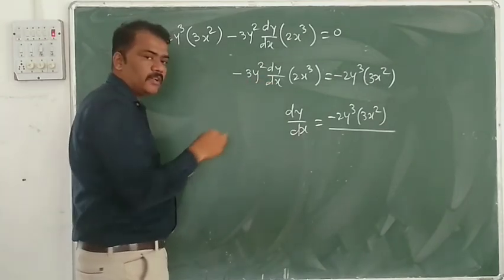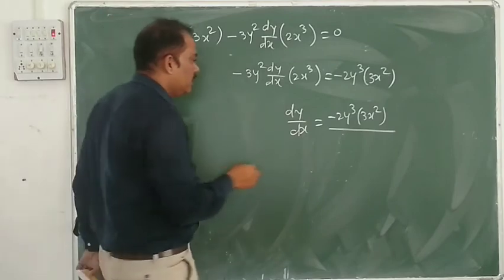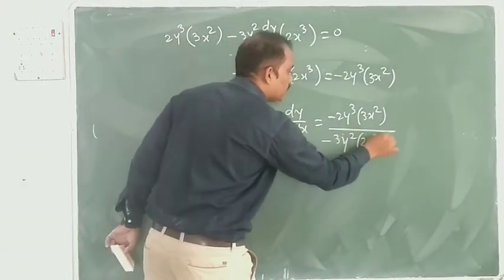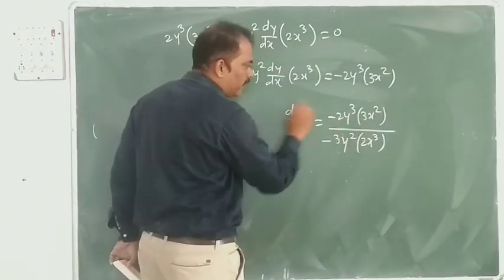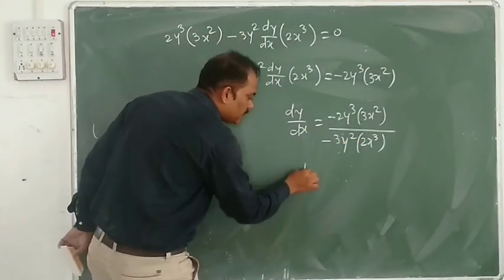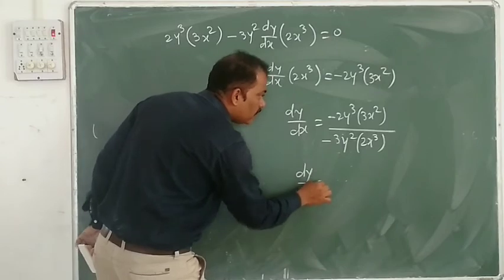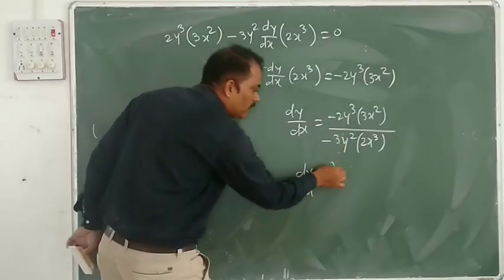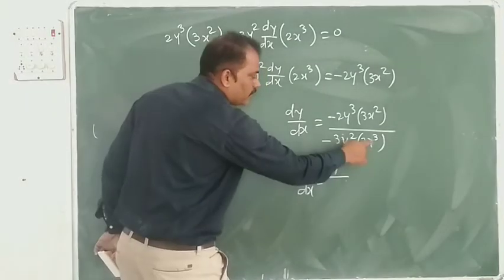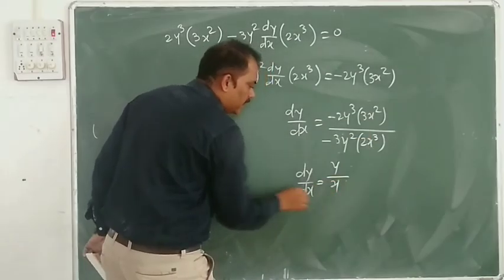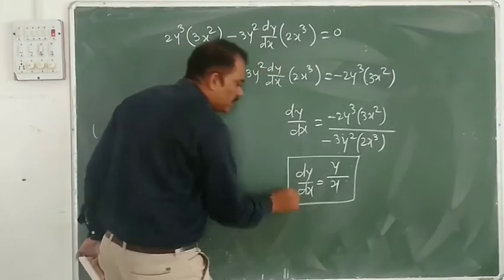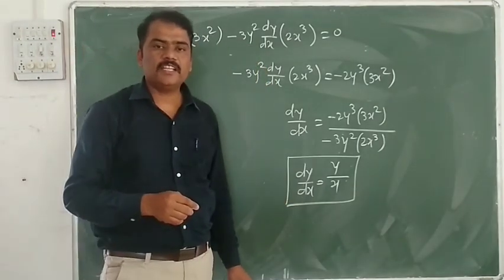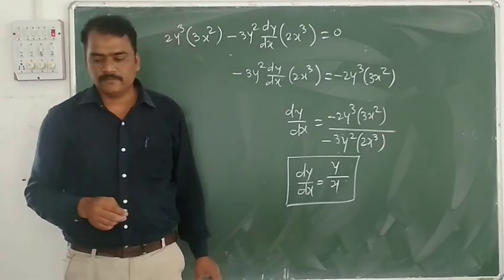When we transfer to the RHS, it must be divided, so minus 3 times y square into 2 times x cube. 3 gets cancelled, 2 gets cancelled, minus gets cancelled. dy by dx is equal to, here y cube and here y square, remaining only y in the numerator. Here x cube, here x square, remaining only x in the denominator. Hence proved.